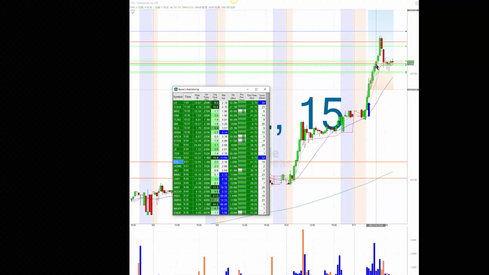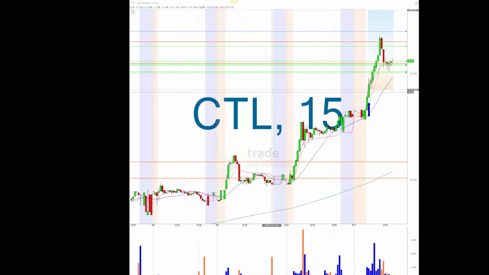Bottom line is, it was just a little bit of patience. The first time you don't succeed, try again. I mean, did I have to get out the first time? I suppose not really. I guess I could have let it break down through 13. But commissions are so cheap that that's typically what I do. I'll take a small little 5-cent loss, and then afterwards, I'll get back into the trade if I like it. So why did I like it in the first place?